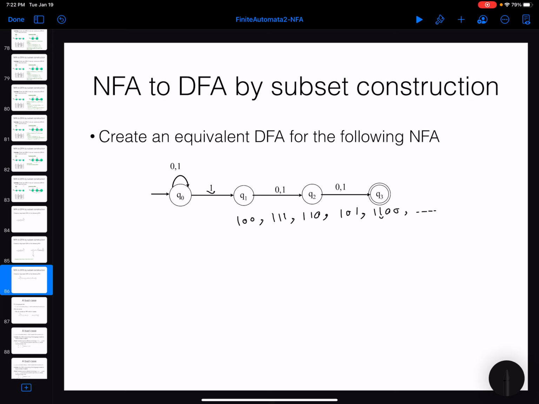But when you are trying to design the equivalent DFA, you will see that the number of states that you need is going to be at least 2 power k. If your alphabet is binary, this is going to be exactly 2 power k. So the equivalent DFA for this NFA is going to have 8, 2 power 3, states. Try it and you will see that all of those states are going to be required.